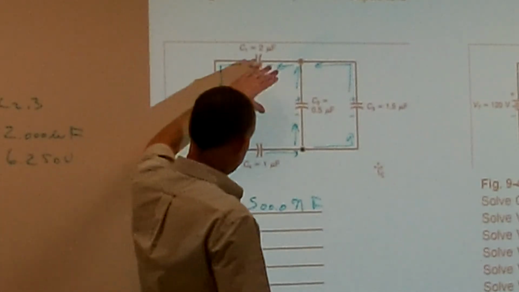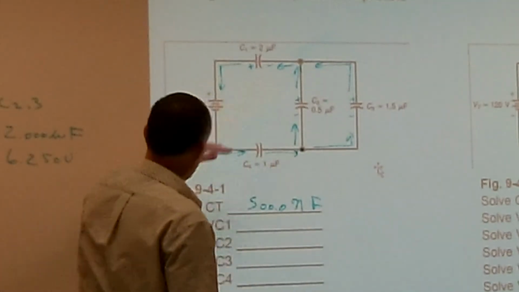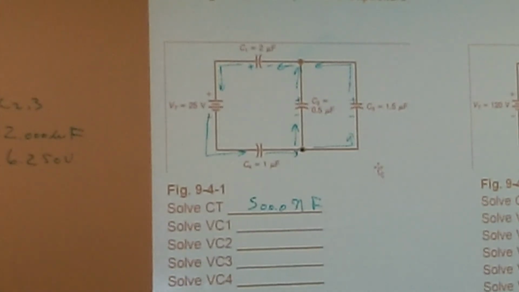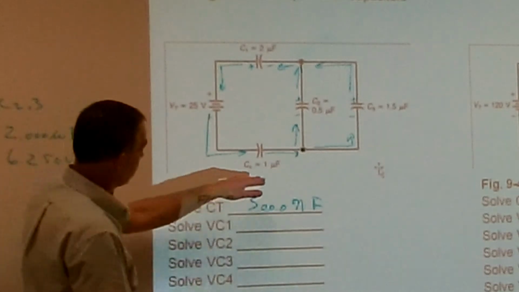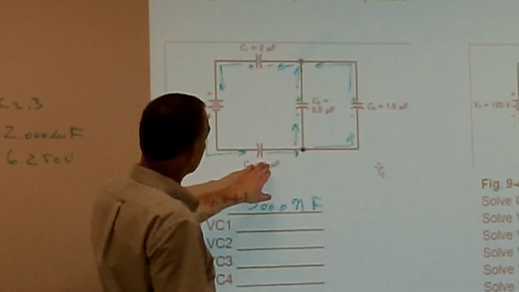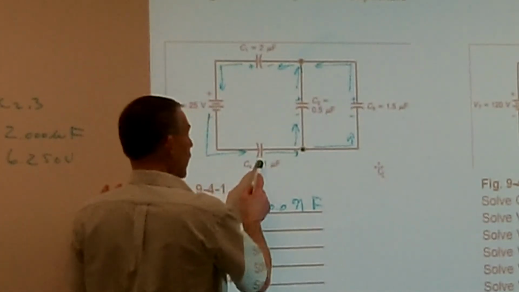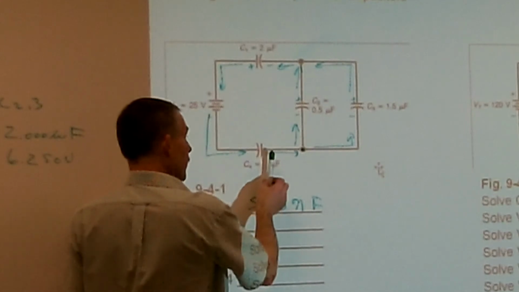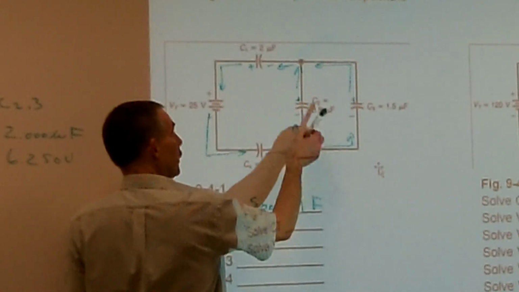Then what's going to happen is that C1 is going to charge up, and then that one's going to act like a what? Open. So that one's going to act like an open, and those currents are all going to stop going across these.